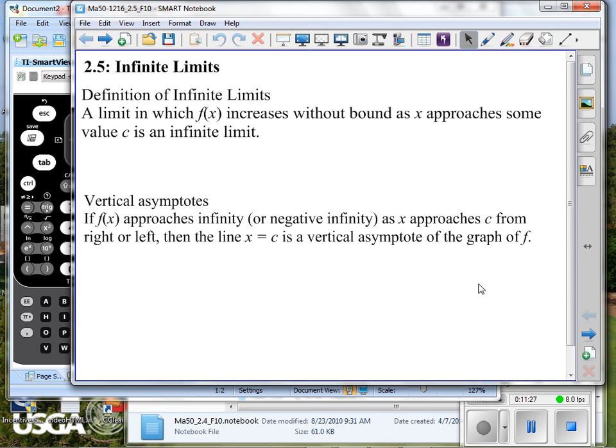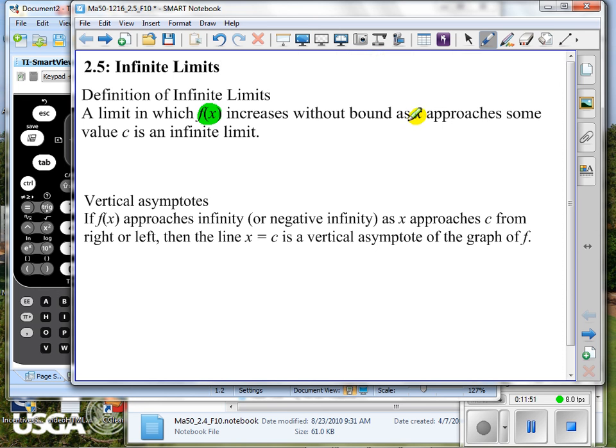Okay, so here we go. Definition of infinite limits. A limit in which the, now I never read this as f of x. Help me out. What's another name for this? Output. The limit in which the outputs of the function increase without bound. Okay, so this is our output, and then we end up with our inputs.